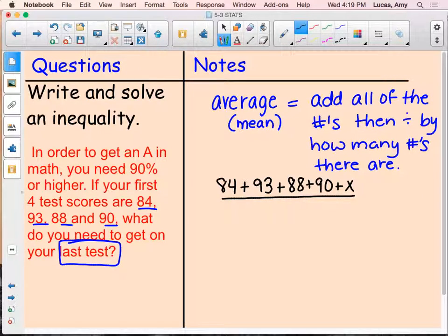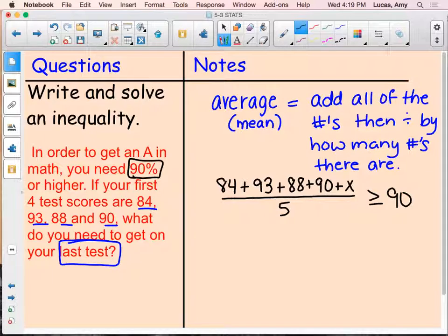But I do know that when I divide them by 5, in order to get an A, I have to have 90% or higher. So that means I want greater than or equal to 90 to be able to get an A. So this is my inequality to solve. So I'm adding together not just the first 4 tests that we took, but that last one that we are going to be taking. So don't forget about that last one.